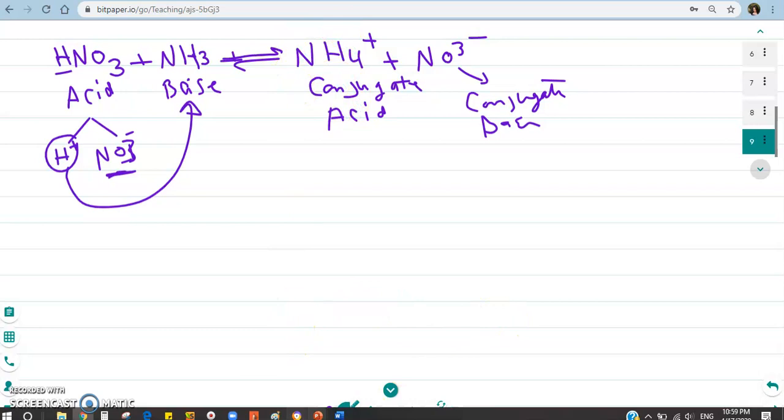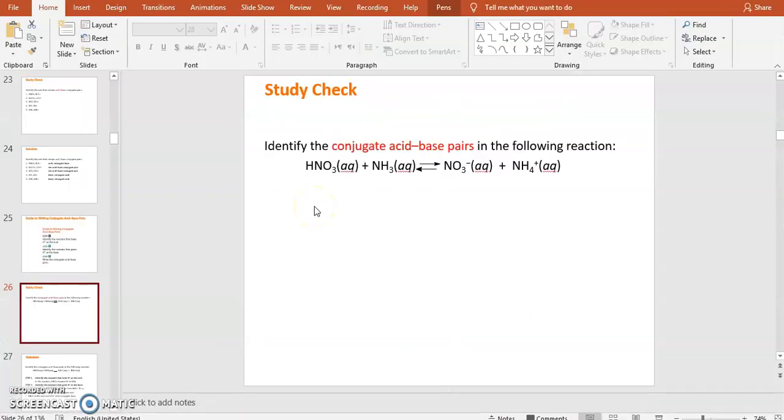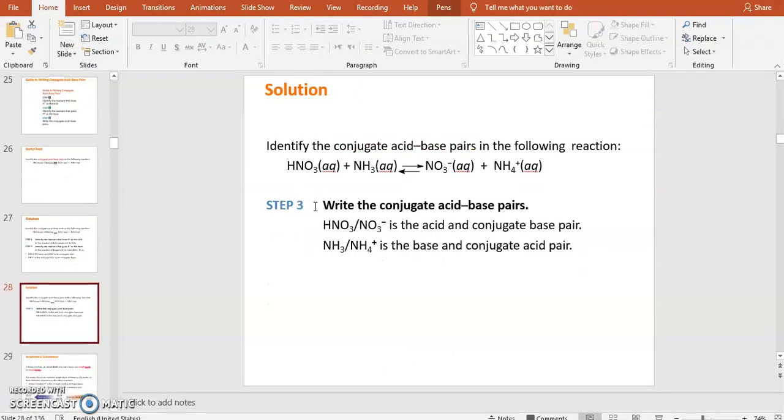And then we do have conjugate acid, and the other one will be the conjugate base. So you can see here that this and that will be acid and conjugate base pair. So this is the first pair. Base and conjugate acid is NH4.